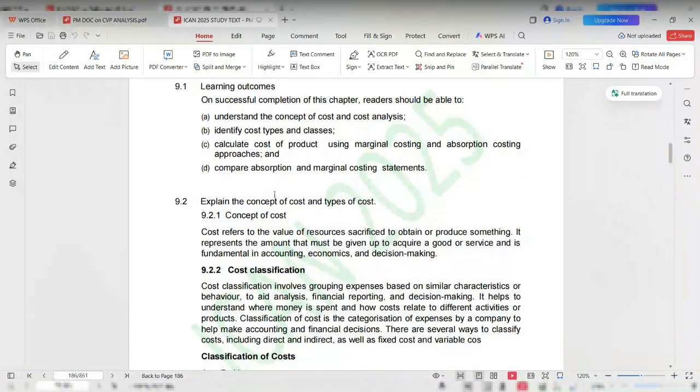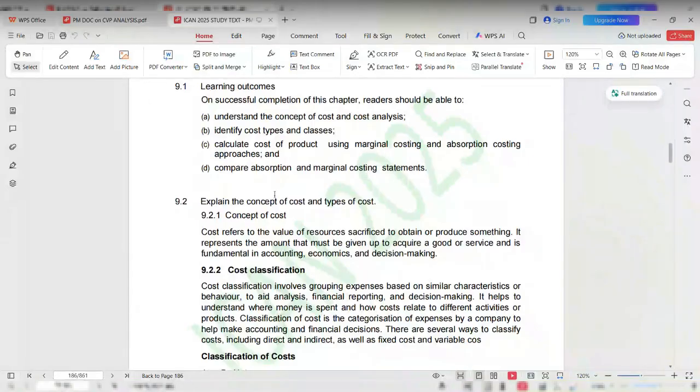The way we have it in financial reporting, SBR and the like, we also have it in performance management. After you pass this ICAN PM, you will be called a performance manager. So in performance management as well, we have classification of cost, how we group them.